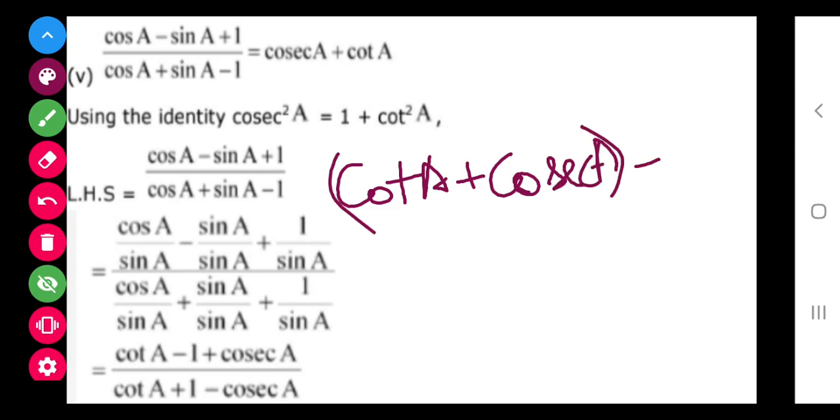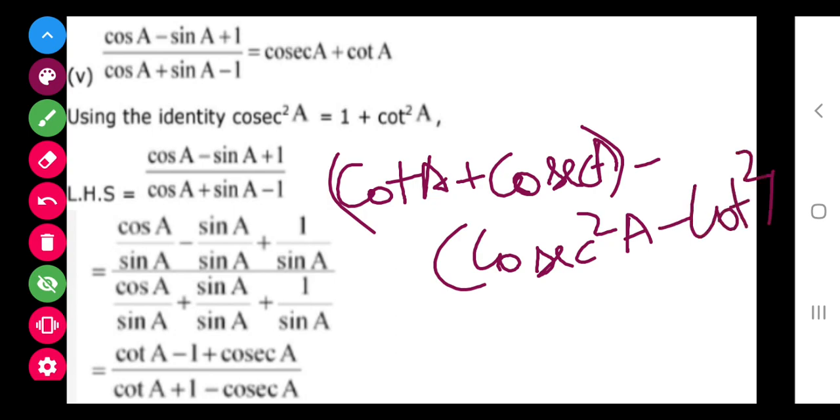In place of 1, we will write cosec square A minus cot square A, denominator as it is. After that, cosec square A minus cot square A can be written as cosec A plus cot A times cosec A minus cot A.